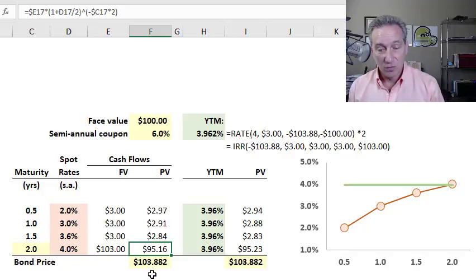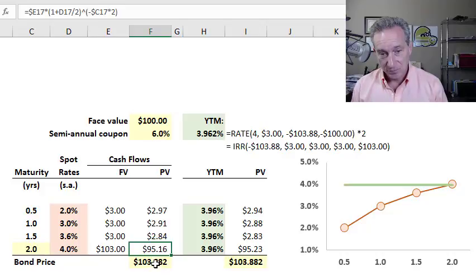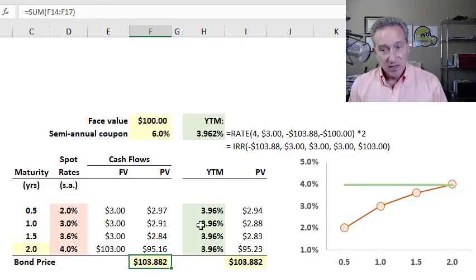In this case, 103.88. And so the yield to maturity, now as I shift over from mechanics to interpretation, there's 4 ways I'd like to share with you about looking at a perspective on the yield to maturity, right?